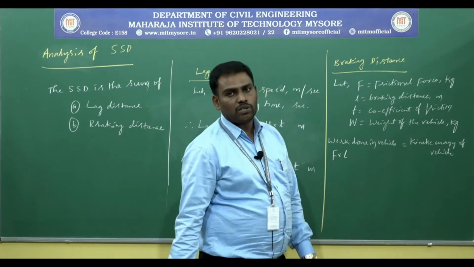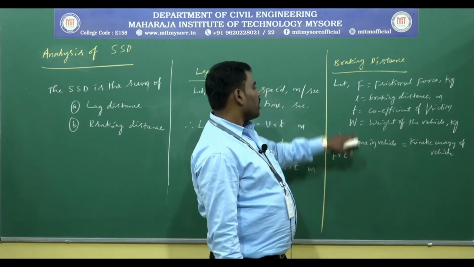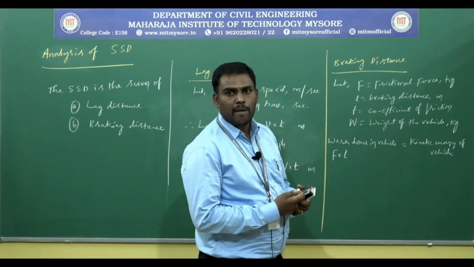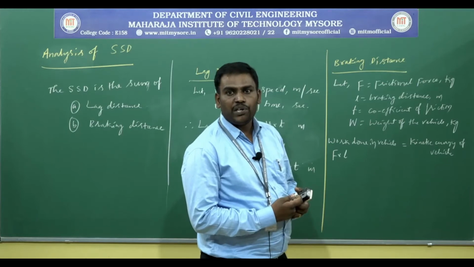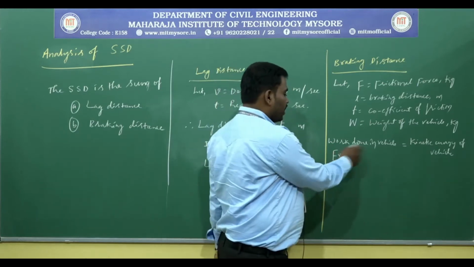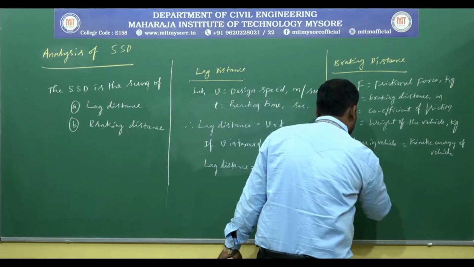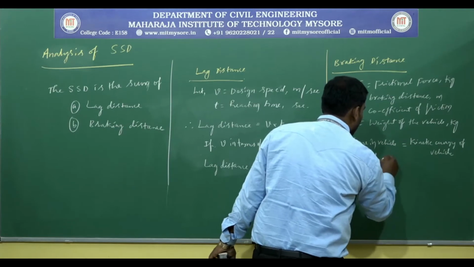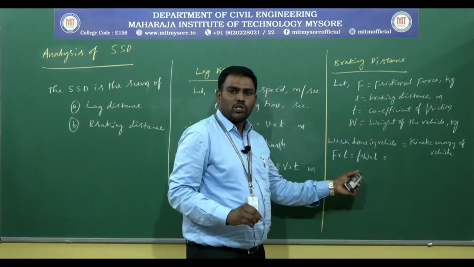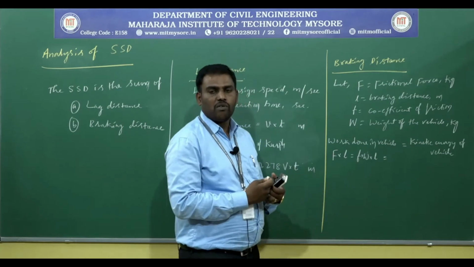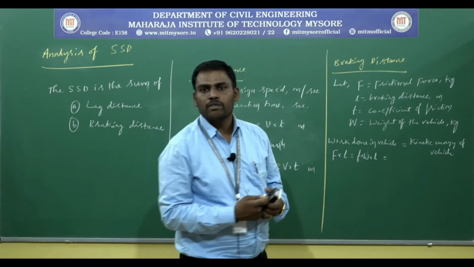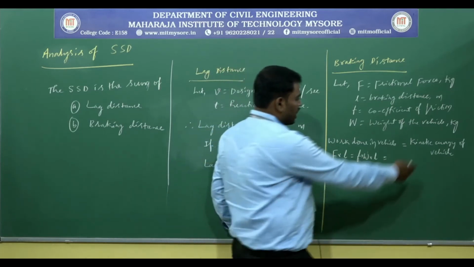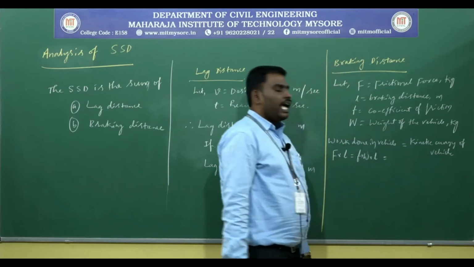The maximum frictional force developed is equal to the coefficient of friction multiplied by the weight of the vehicle, that is, capital F is equal to small f into W. Then capital F into L becomes small f W multiplied by L, which is equal to the kinetic energy of the vehicle.